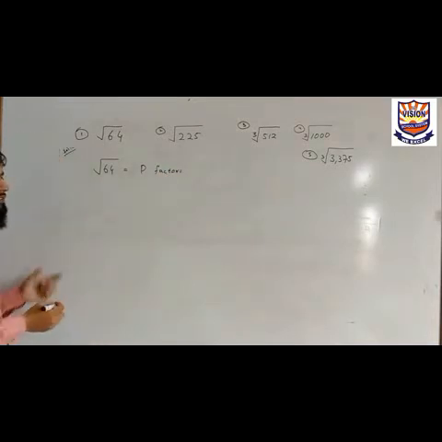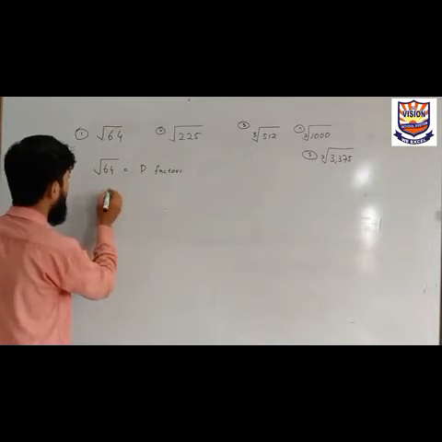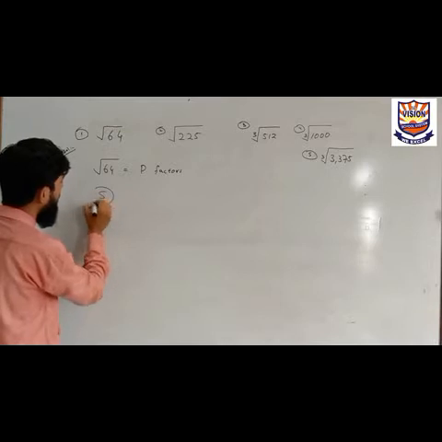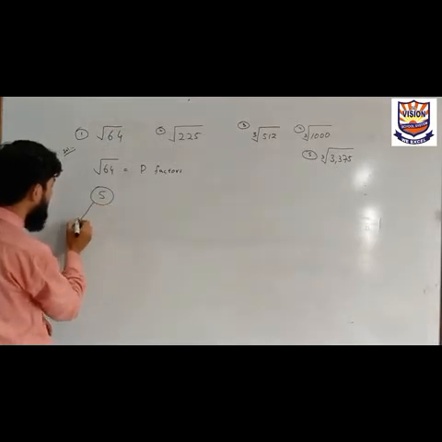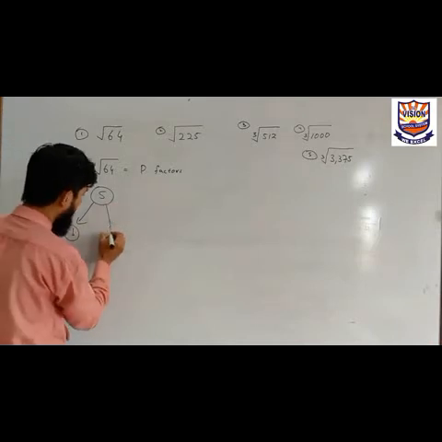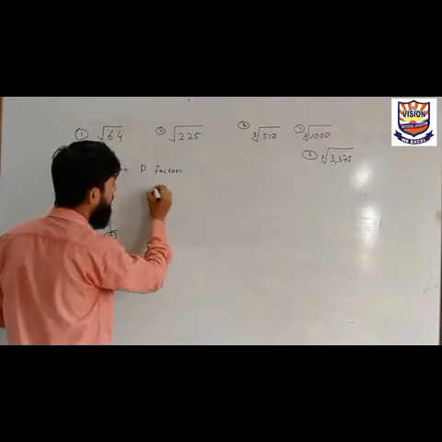What are the prime numbers? As we know, prime numbers are the numbers that have exactly 2 factors, like 5. 5 is a prime number because it is only divisible by 1 and itself. Like 8. Is 8 a prime number or not?